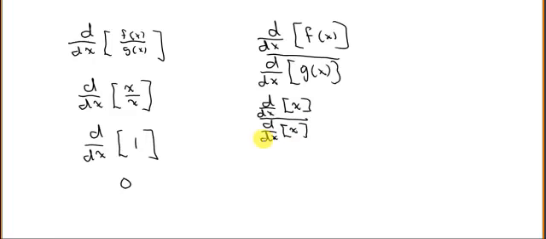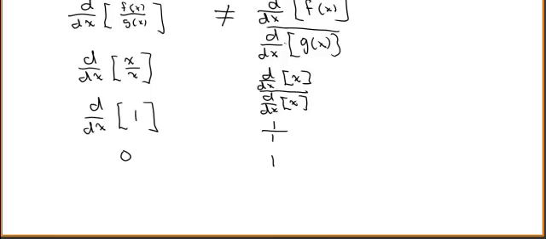And these derivatives are both 1. So we get 1 over 1, and that would be 1. Notice they're not the same. So the derivative of the quotient of two functions, f divided by g, is not going to turn out to be the derivative of f divided by the derivative of g. Then the question is, what does it turn out to be? Well, we'll have to answer that question in an upcoming video.